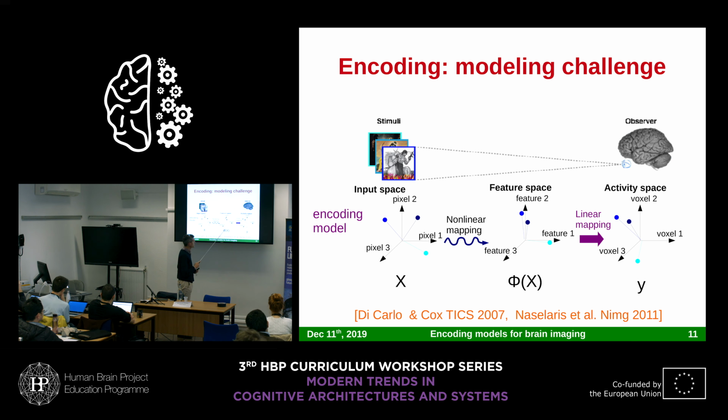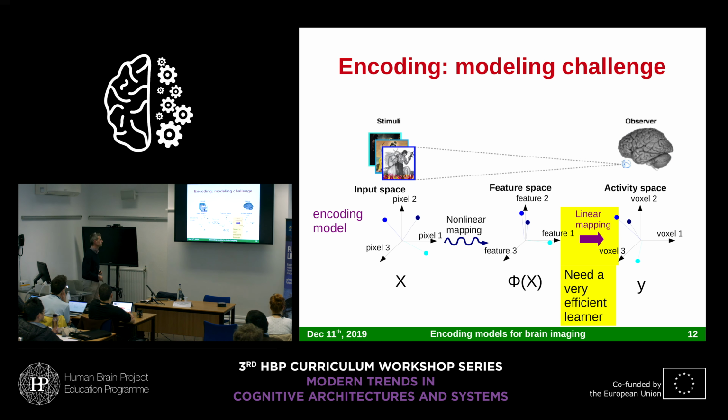Phi of x is high dimensional, y is high dimensional, and y is very noisy, obviously, because measuring brain activity is hard. So we don't do anything fancy here. We just use a linear mapping to relate the feature space to the brain activity.